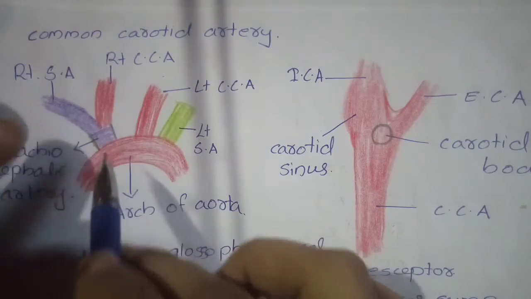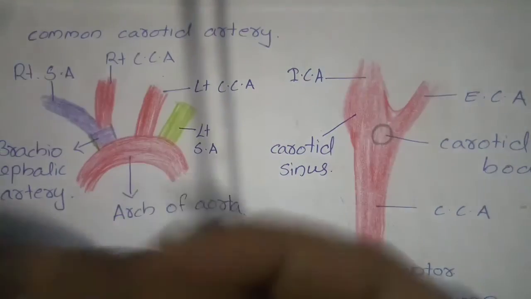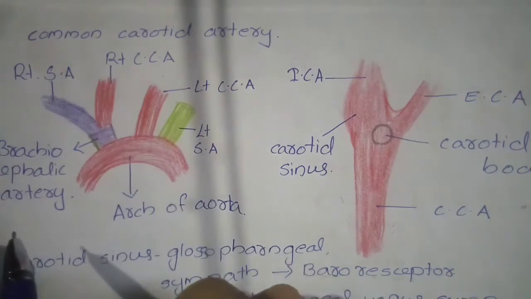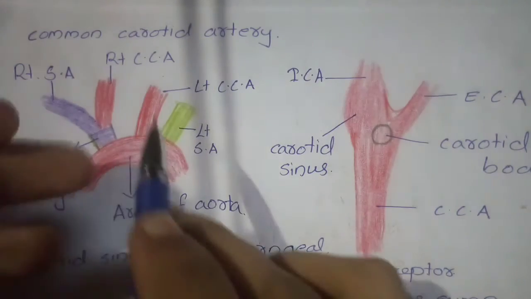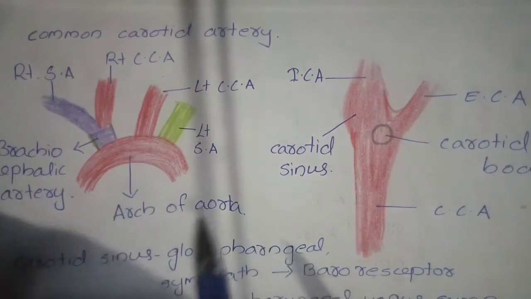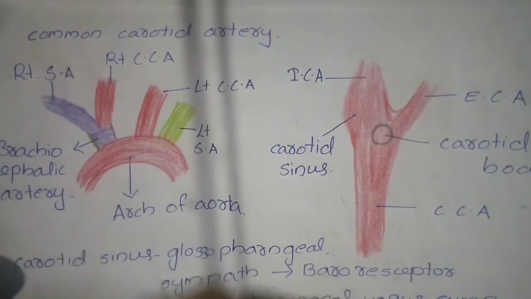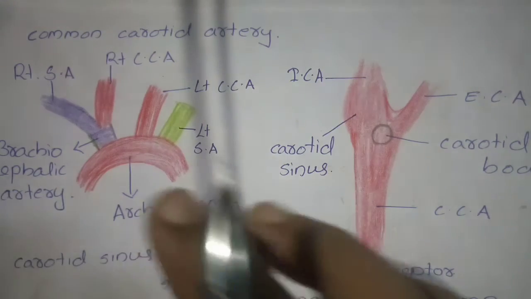It is only for this video that I have colored them differently. So for the origin, the left common carotid is directly from the arch of aorta, and the right is from the brachiocephalic artery, which in turn is a branch of the arch of aorta. That's all for the origin.